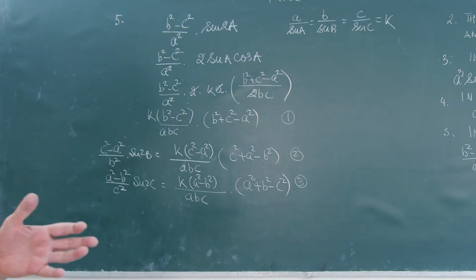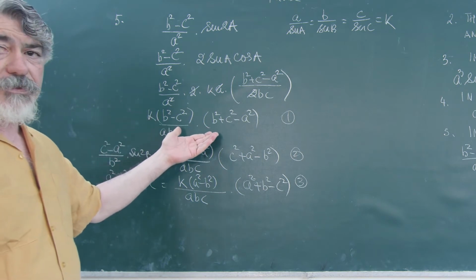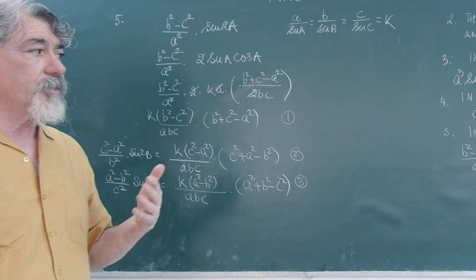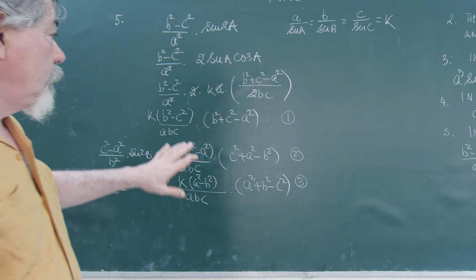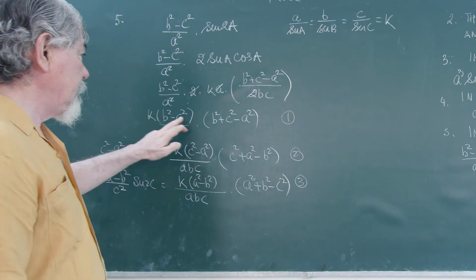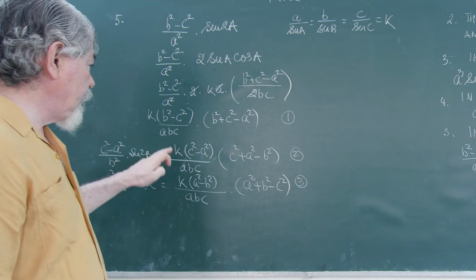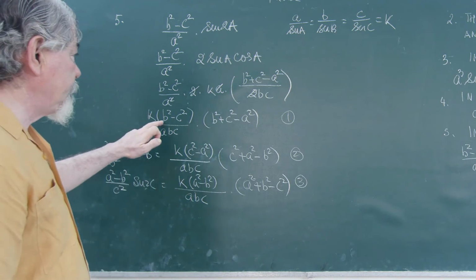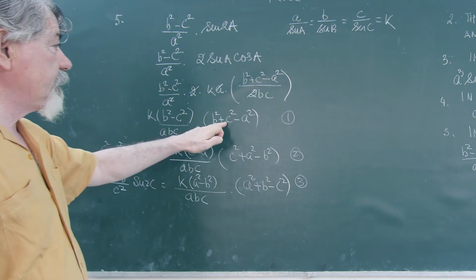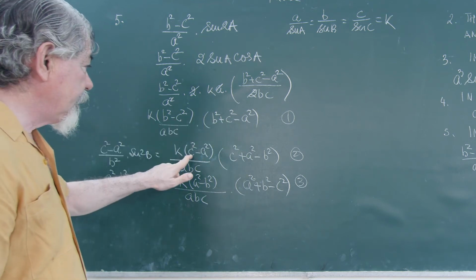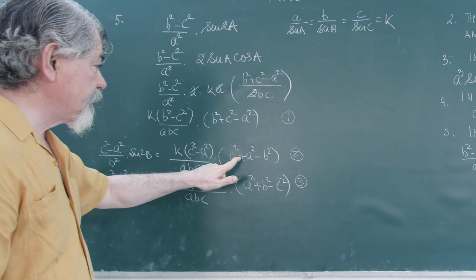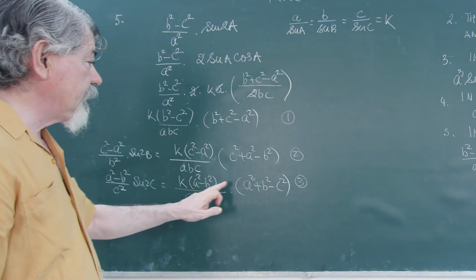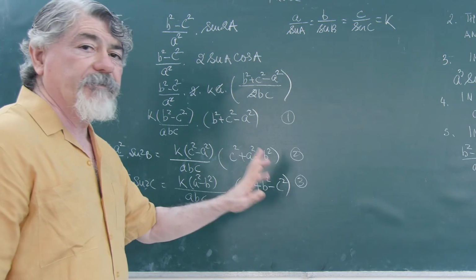On the basis of calculation of the first component, I have written the answer for the second and third components on the same basis. K upon ABC everywhere is there. If it is B square minus C square, it is B square plus C square minus A square. If it is C square minus A square, it will be C square plus A square minus B square. If it is A square minus B square, then it will be A square plus B square minus C square.